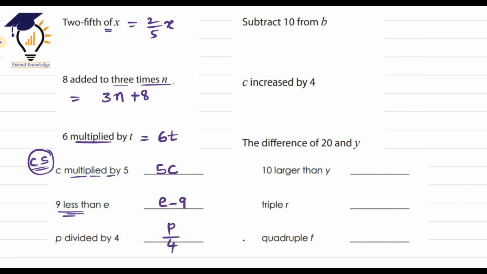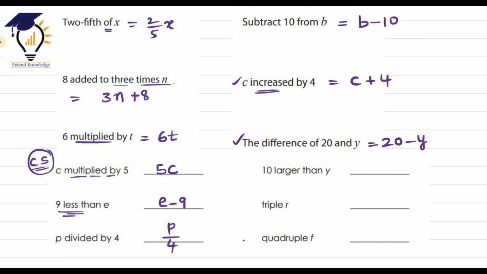Next, subtract 10 from b. We are subtracting 10 from b, so b minus 10. Then c increased by 4, we can write as c plus 4. Increased is the word which means adding. The difference of 20 and y: so 20 minus y.